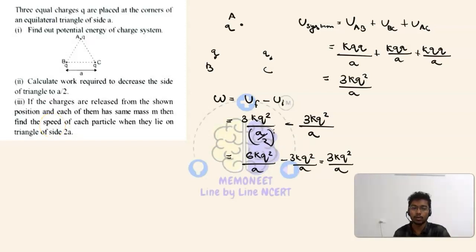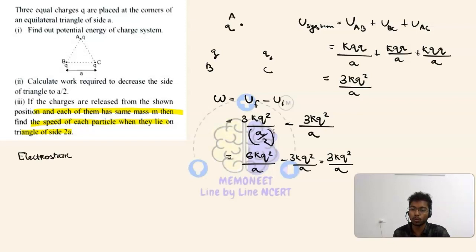Now let's see the third question: if the charges are released from the shown position and each of them has the same mass, then find the speed of each particle when they lie in the triangle of side 2a. When they are released from the triangle of side a, the only force that will act is the electrostatic force.